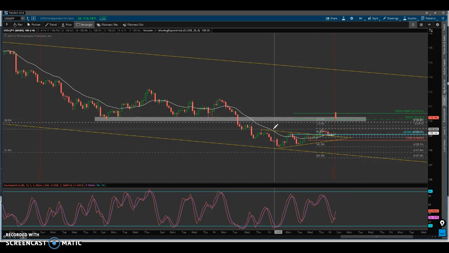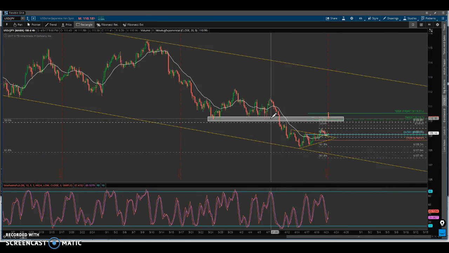I'm not entirely sure how all that works, but there's the possibility of it coming all the way back down, essentially to my entry point, and filling that gap before maybe continuing its move up, or even continuing down. This isn't a bad place to hop on a trend continuation trade. It's back up into previous structure.